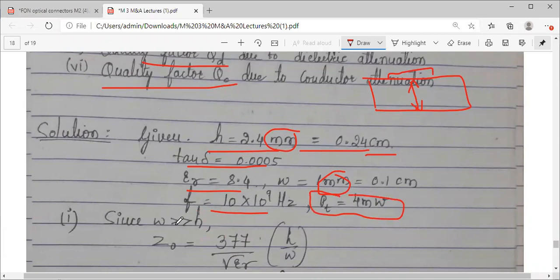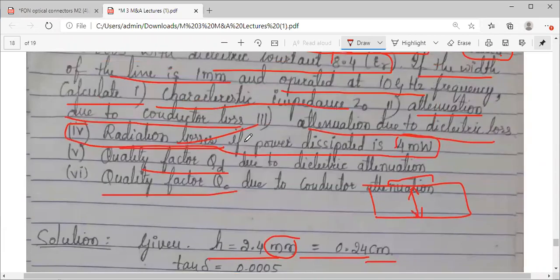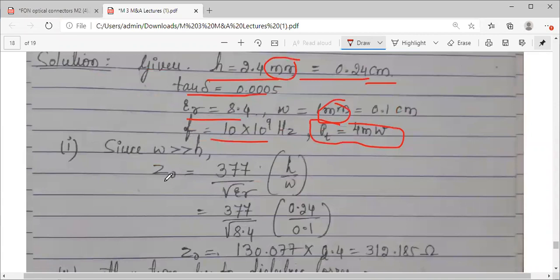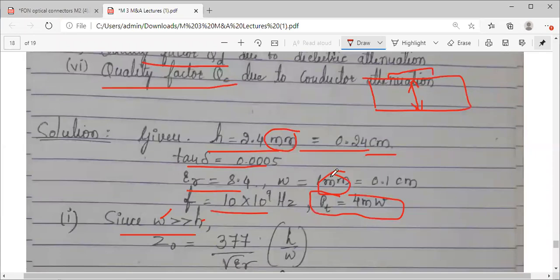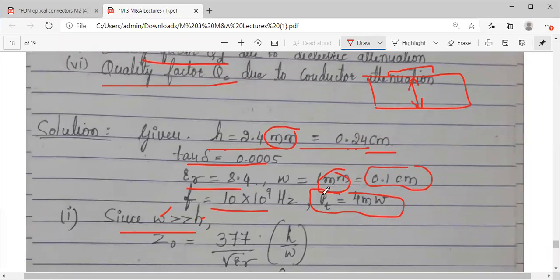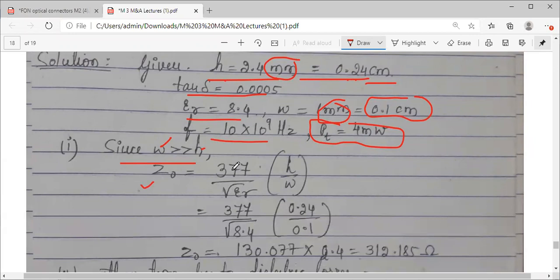Okay. First, I need to go for characteristic impedance. Try to recall, there are two equations for characteristic impedance, and I have to choose any one. I am choosing the second one because width is much greater than the height. You can see the width value is 0.1 centimeter. What is the height? It is 0.24 centimeter. So as the width is much greater than the height, I am choosing the second equation: Z naught is equal to 377 by root epsilon r times h by w.